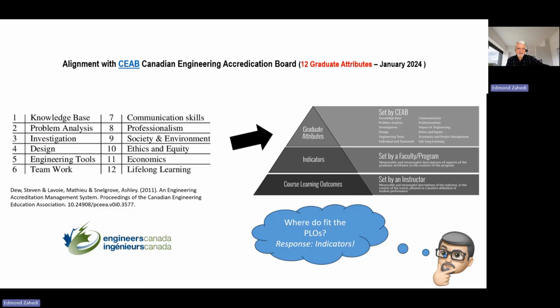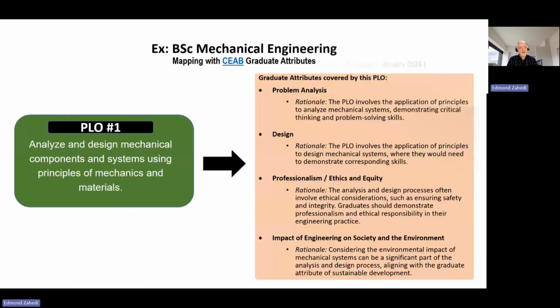So the graduate attributes are much more aligned with the institutional program learning outcomes, as you can see, the general critical thinking, communication skills, etc. For example, for a BSc in mechanical engineering, we did a mapping with CAB graduate attributes, and the PLO 1 in green is kind of covering the items in the box on the right. We don't have time to go to the full details, but this is just to tell you that there is a layer of extra work that needs to be done.